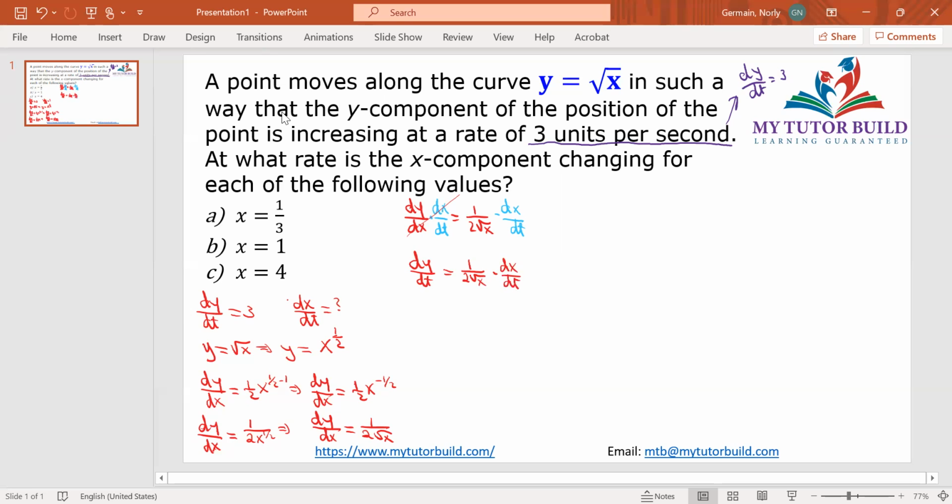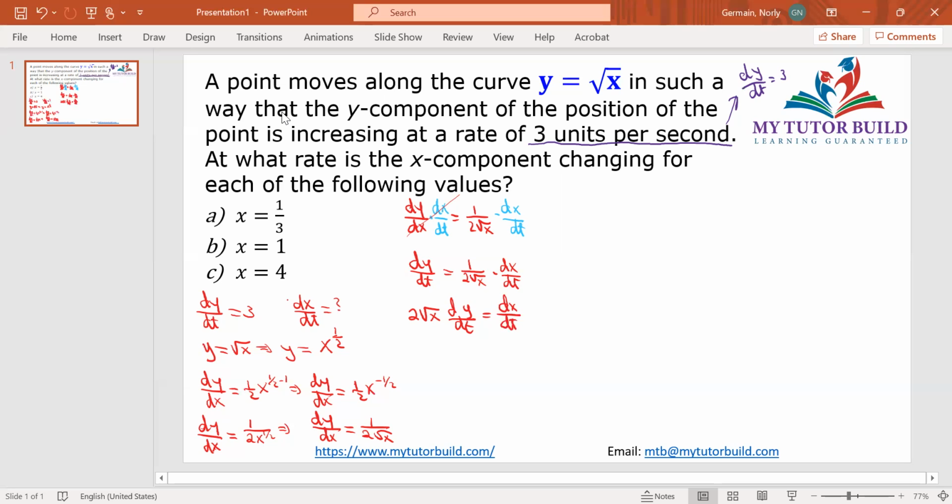Next step is to multiply both sides of the equation by 2 square root of x. If we multiply both sides by 2 square root of x, we end up having on this side 2 square root of x times dy/dt. And on the other side, the 2 square root of x cancels, so we have dx/dt.